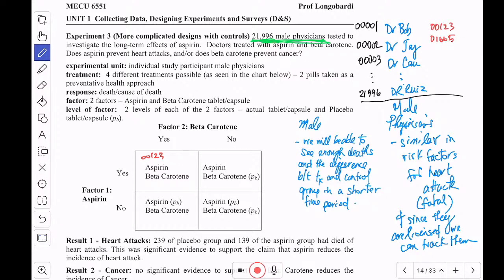And so we can put 0, 1, 6, 6, 5 over here. And the next one is 1, 8, 5, 0, 0. Okay, so you get the idea. So I randomize them to the different treatments in such a way. So how many will end up in each group approximately?